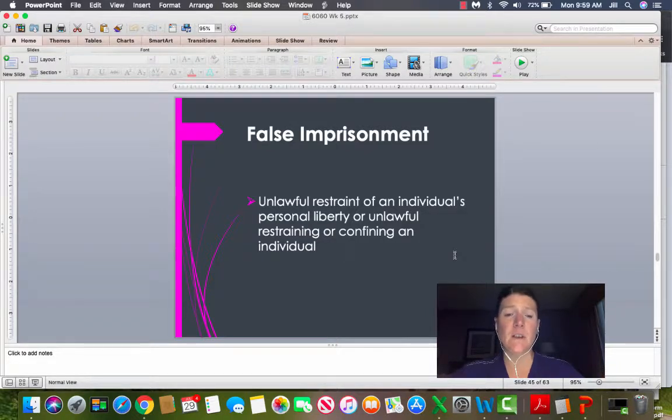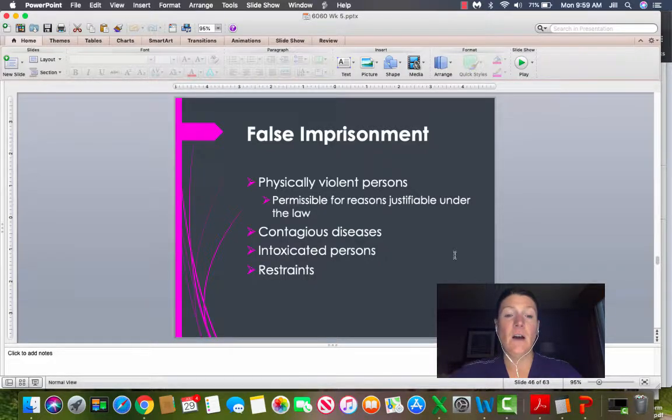False imprisonment is another one that we were just talking about with restraints. So this is an important one. It's unlawful restraint of someone's personal liberty, or unlawful restraining or confining an individual. We think about situations where typically patients are free to go from our facility. They can always leave against medical advice.